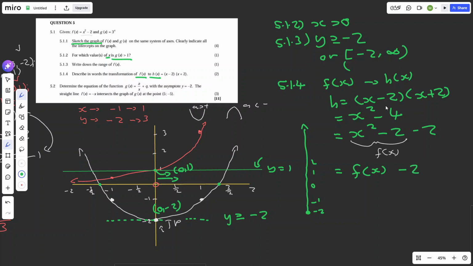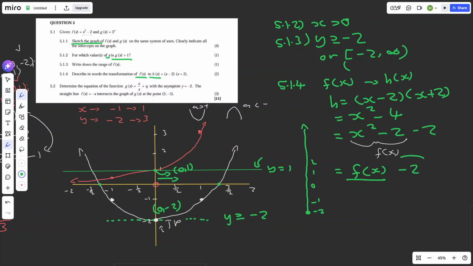Writing it this way, we can clearly see how these two functions are linked. So in order to get h of x, we took our original function f of x and then subtracted 2 from it. So what does that mean? It simply means that our function was moved 2 units down.